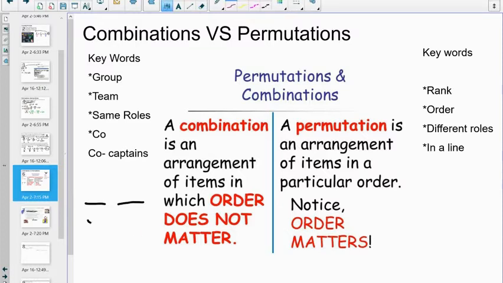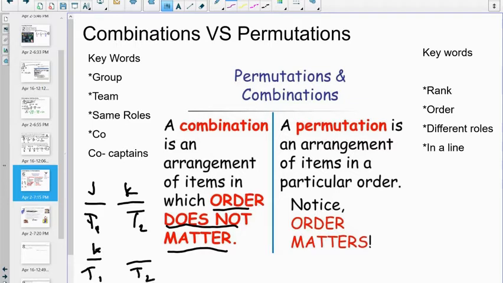Let's say they're both on this soccer team. So team members. Let's say we have the first pick and the second pick here. Let's say Jimmy's picked first and Kate is picked second. The reason why it's getting at order does not matter is because if you were to pick Kate first and Jimmy second, that is no different than that first selection right above it because order does not matter.